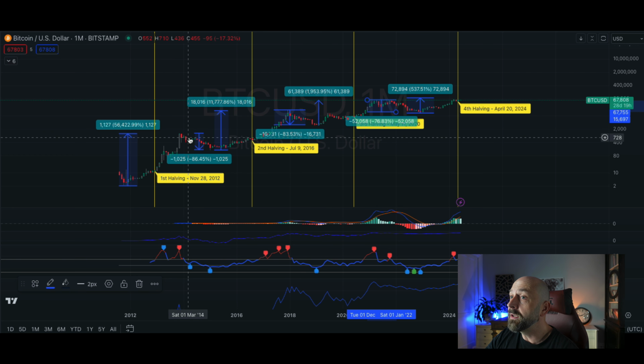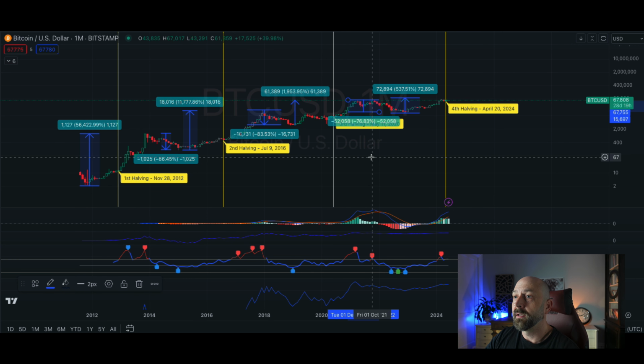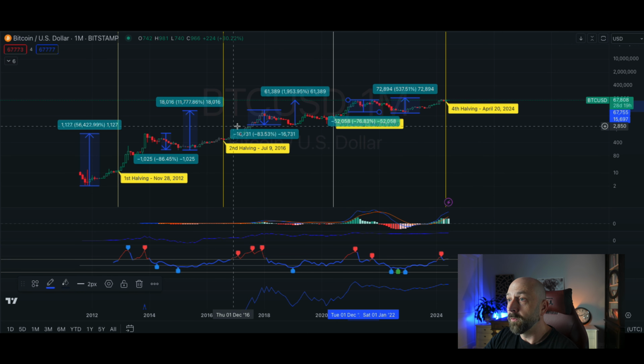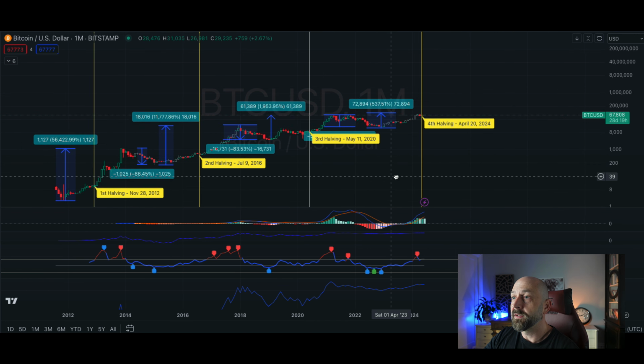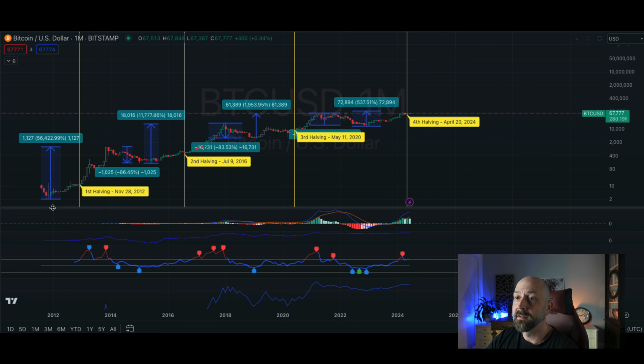So diminishing returns in percentage and diminishing losses in percentage does have a lot going for it, as we are essentially forming that structure. So something to be mindful of is whatever the peak is in this cycle, where are we going to retrace to, and are we going to retrace back to the same percentage lows as previous cycles?